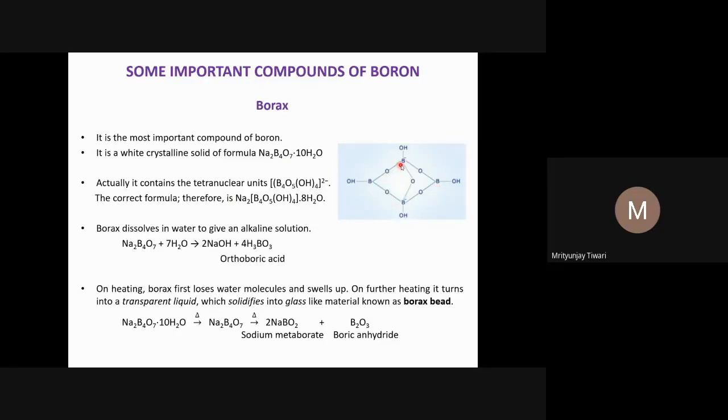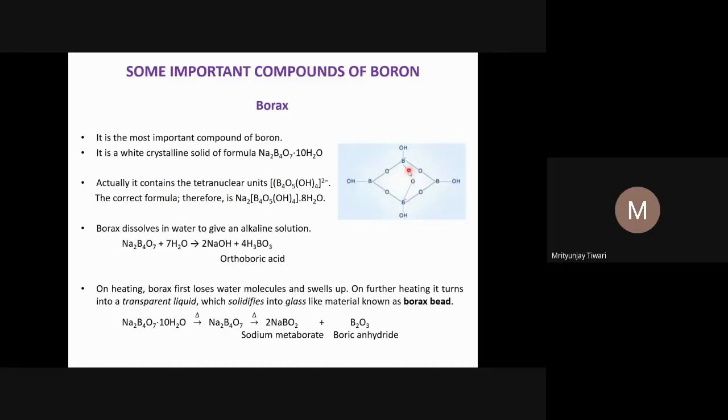Now all the corners are connected by one oxygen atom, so there is a B-O linking. One oxygen is between this boron, one oxygen between this boron, one between this boron, and one oxygen is there in the diagonally opposite boron, in one case only, not here. Here there is no extra O-B bond on the diagonal side.